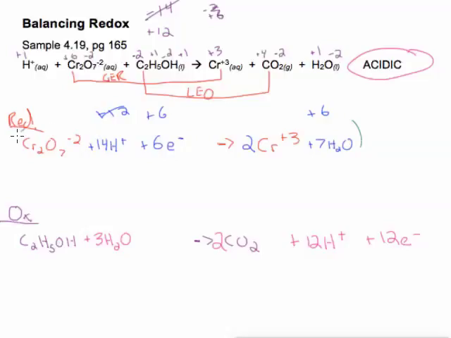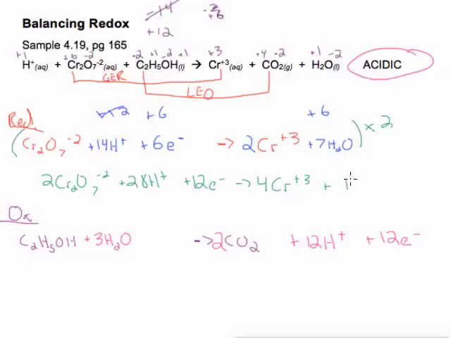So now we have 2 dichromates and 28 hydrogens and 12 electrons, producing 4 chromium ions and 14 water molecules.